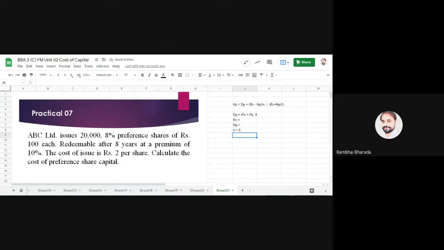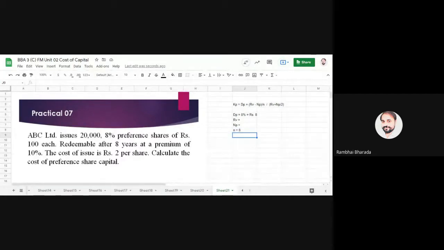Redeemable after 8 years at a premium of 10%. Now see, at the time of issue, is there any information about the premium or discount? There is no information about the premium or discount.